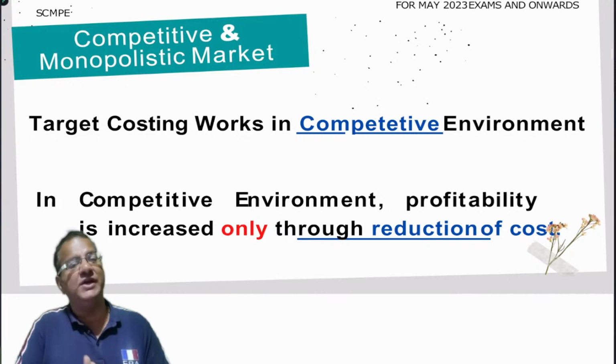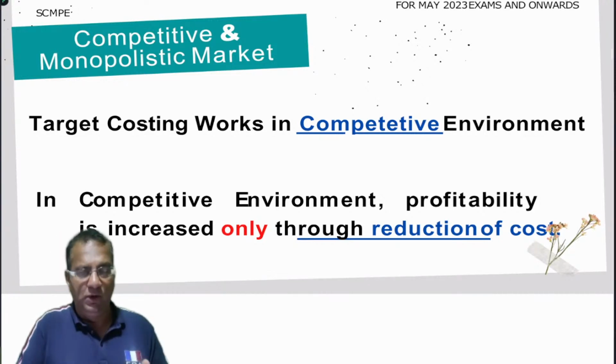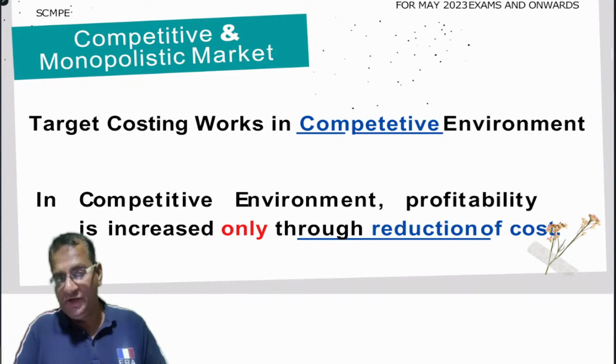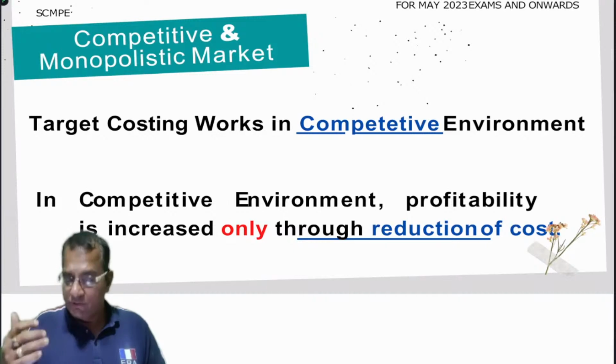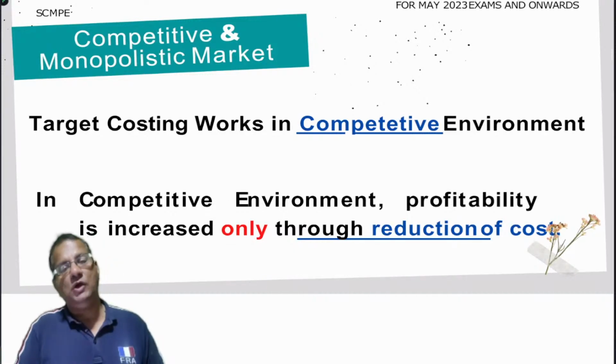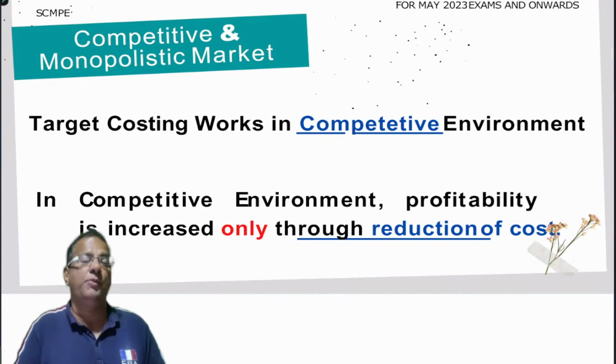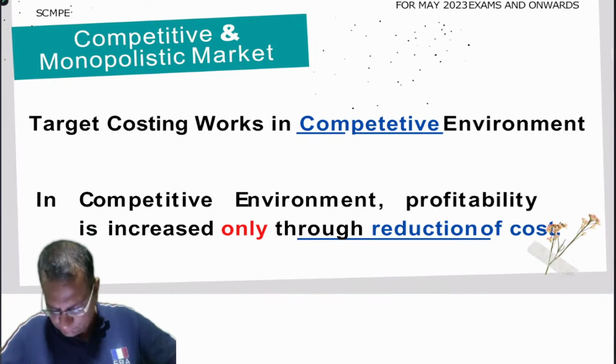I'm giving you 30 seconds to 1 minute to think on your own, because the author has suggested that the only way to increase the profit of the organization is reduction of cost. That is, in a competitive environment, increasing the selling price and increasing the volume is not a viable option. Now you have to think why.